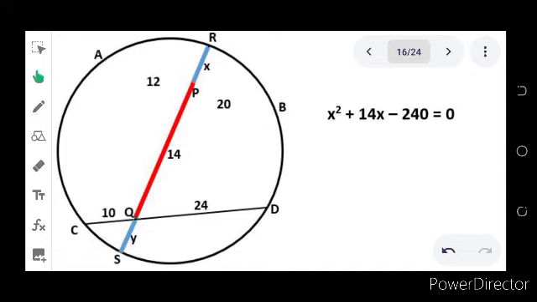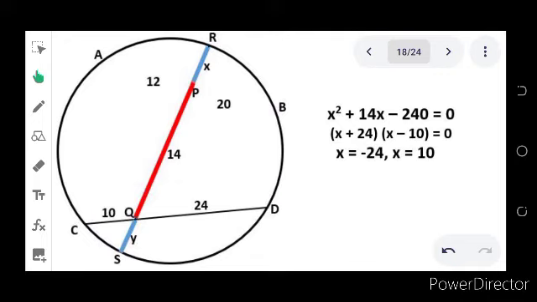We write this in standard form, and it becomes x squared plus 14x minus 240 equals 0. We factor this out. You have x plus 24 and x minus 10. When we solve for each value of x by equating each factor to 0, we will have two values of x: x equals negative 24 and x equals 10.